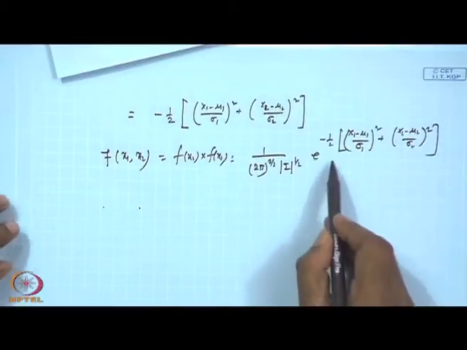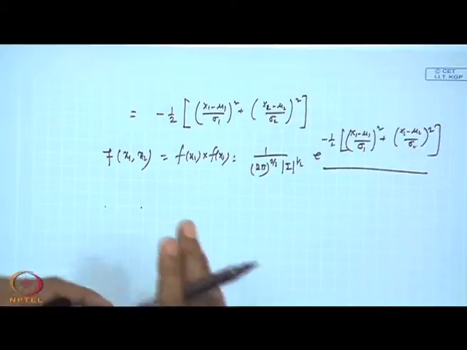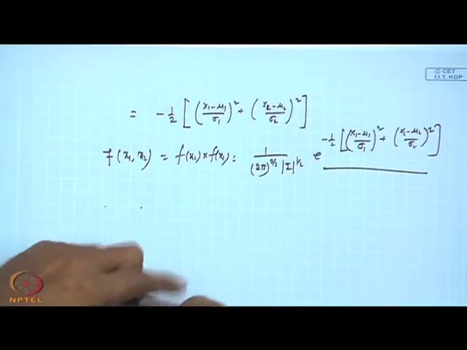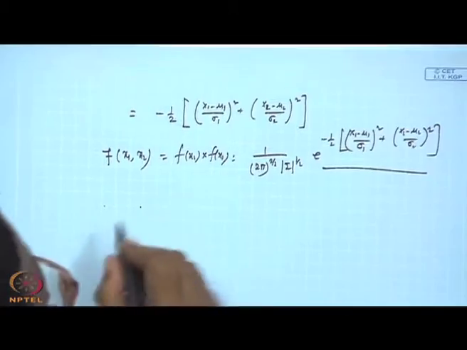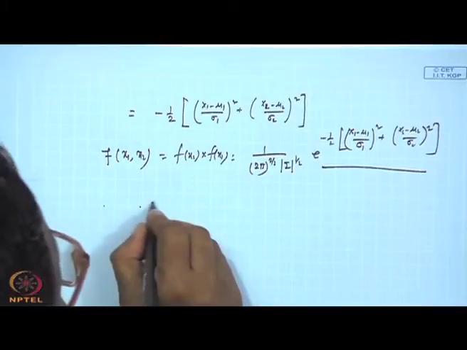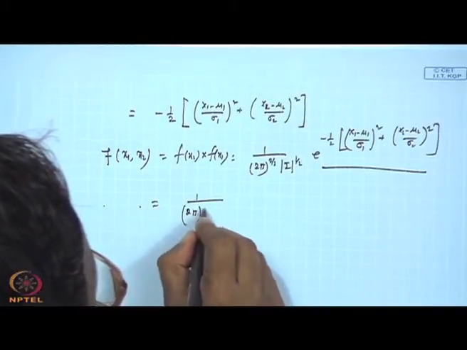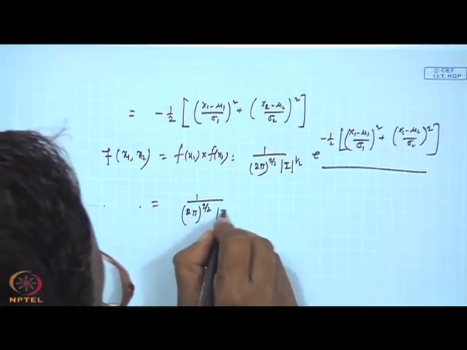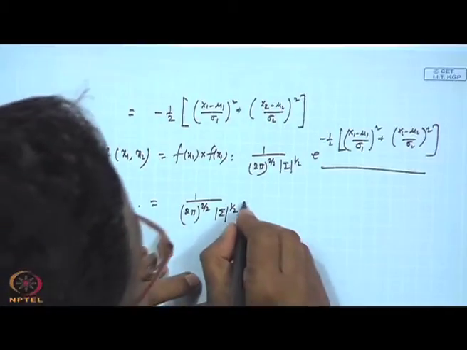Here you are getting the same thing. So what I mean to say is, although this is not a derivation, this is the other way of proof, that what we are saying, that means I can write for a bivariate case, I can write my bivariate normal distribution like this.